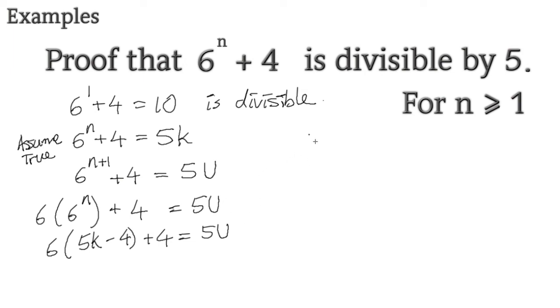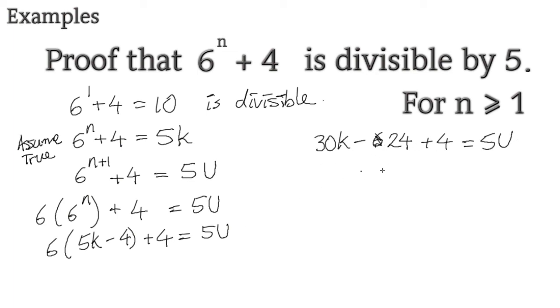From then, expand the bracket to get 30k take 24, add 4, gives us 5u.